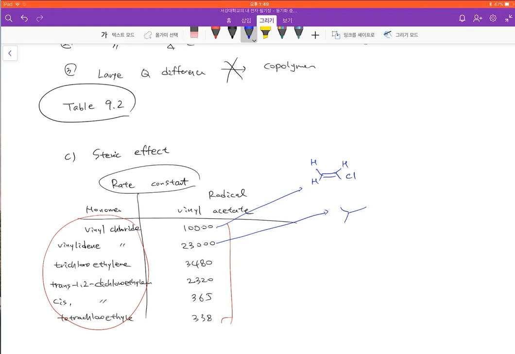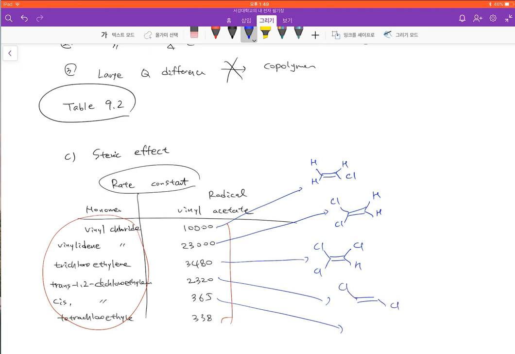Okay, if you look at the chemical structures, vinyl chloride looks like this, vinylidene chloride, trichloroethylene, trans and cis.